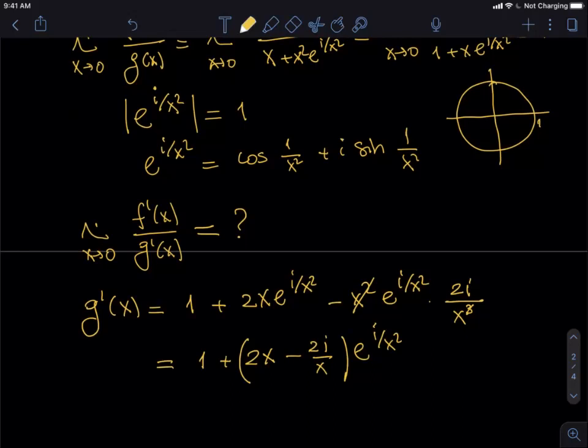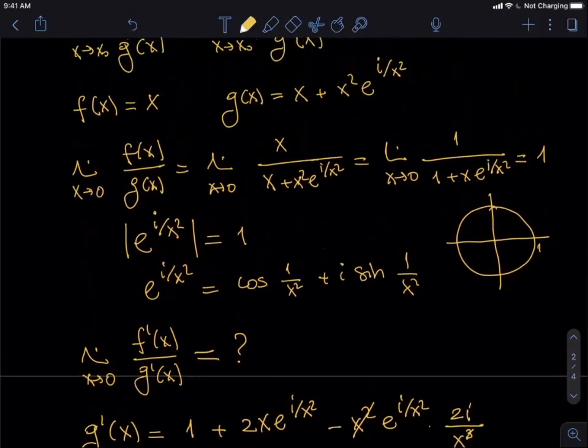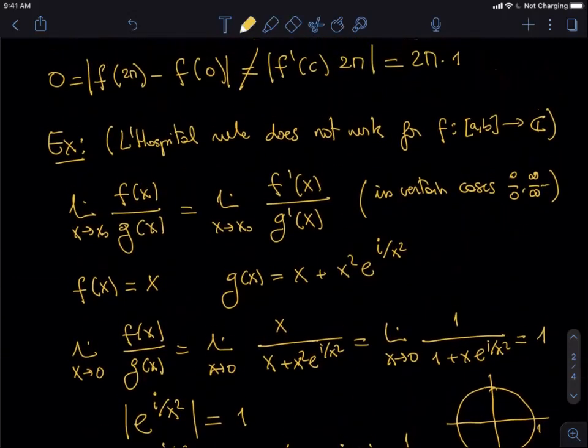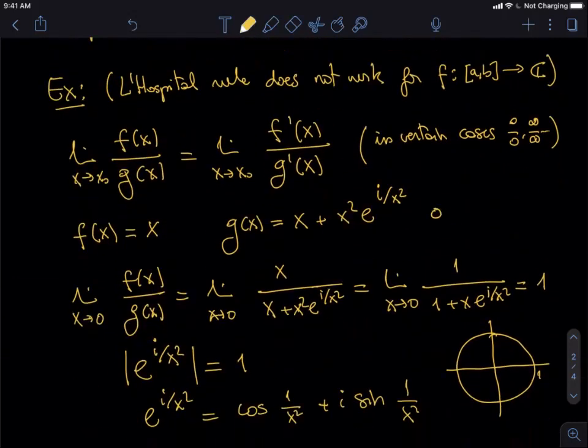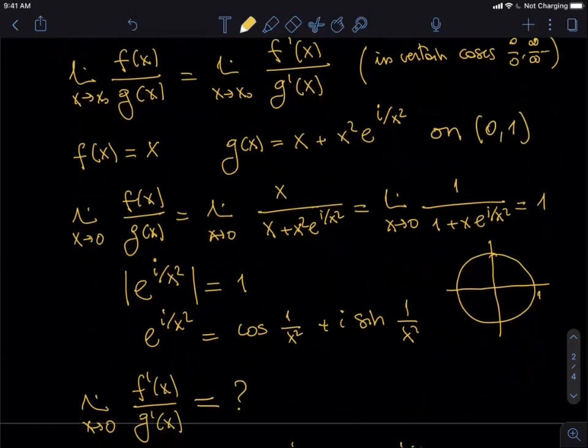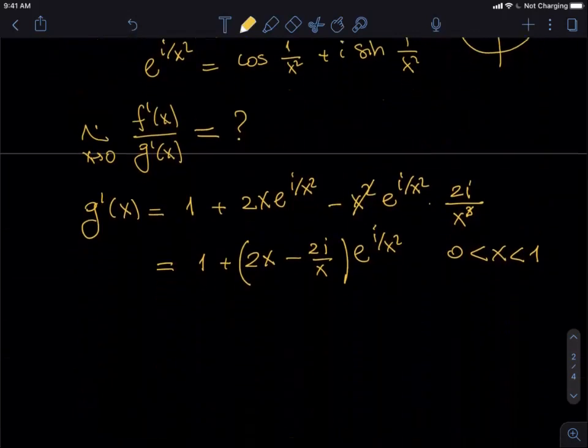Yes, that's it. And here we are going to be working, let's say, with 0 less than x less than 1. I don't think I said this before, but we are going to be working on the segment (0,1). I didn't say it, so let's say it now.